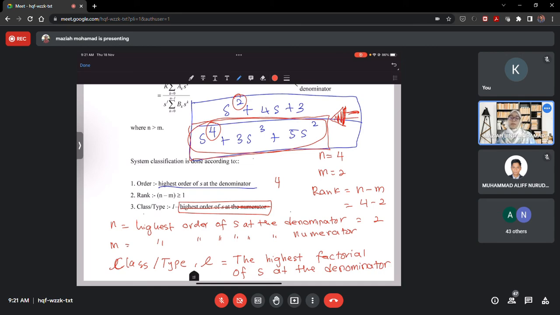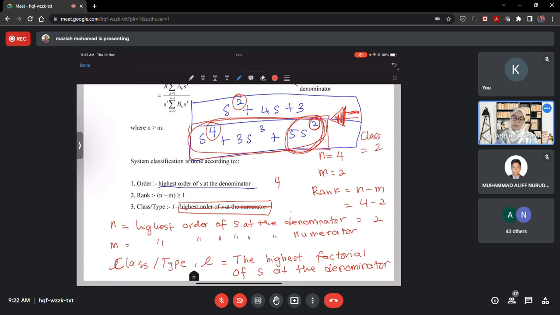Simply, we look at the last term. The last term is S square, therefore the class is equal to 2 for this example.